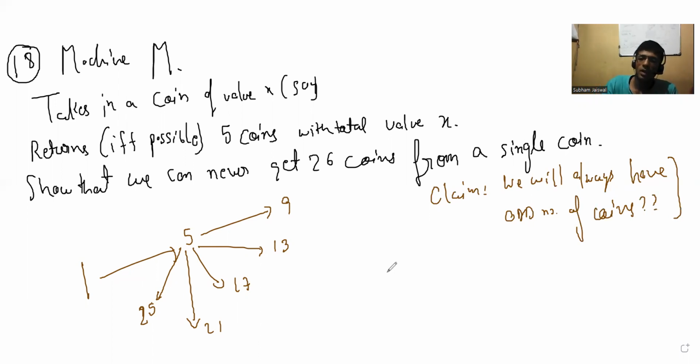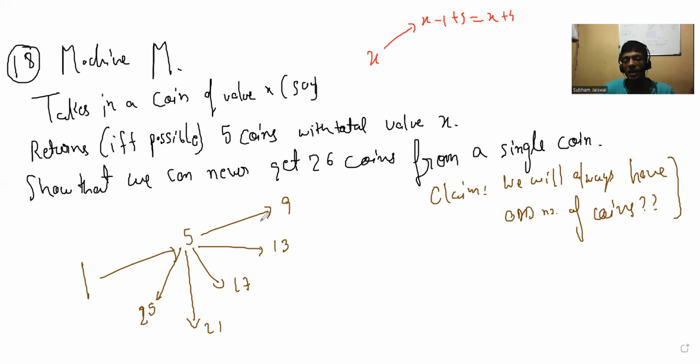So what is happening if you have X coins? Let me write this a little separately. They're always increasing by a multiple of 4. So you subtract 1 and you add 5, so what are you doing? You're adding a 4, basically.